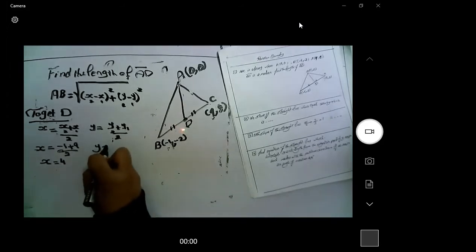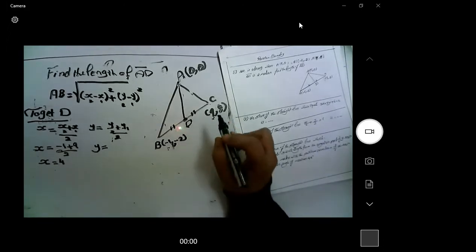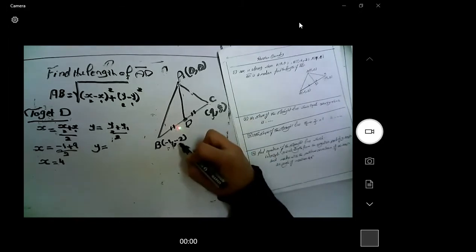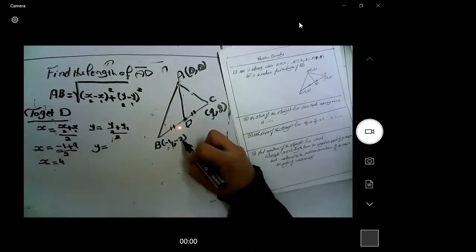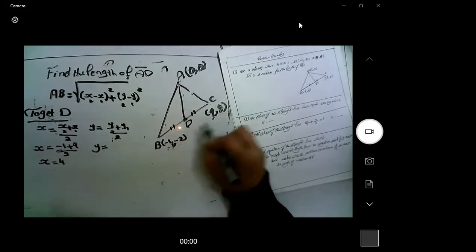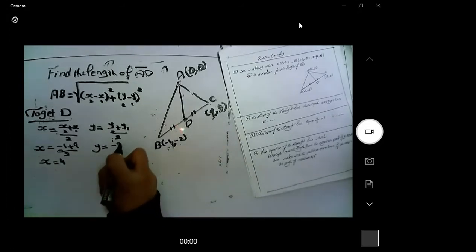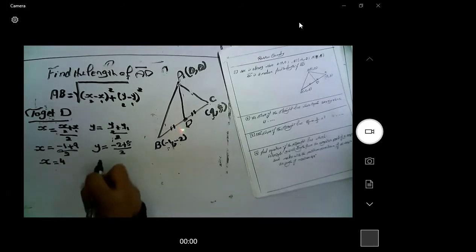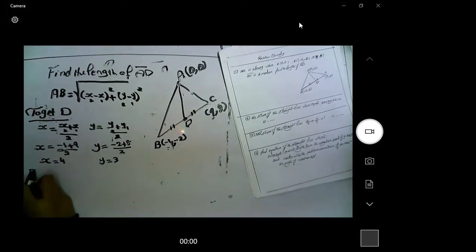Y is the second coordinate of the point D, equals (y2 plus y1) over 2, or (y1 plus y2) over 2, which is (-2 plus 8) over 2. Then y equals 3. Then the coordinates of the point D equal 4 and 3.